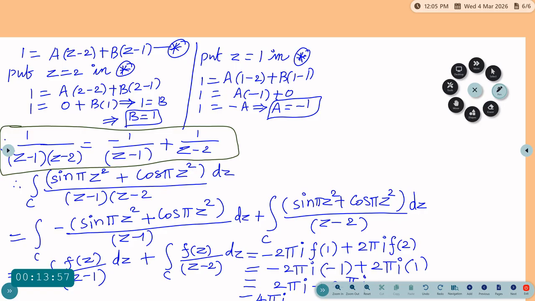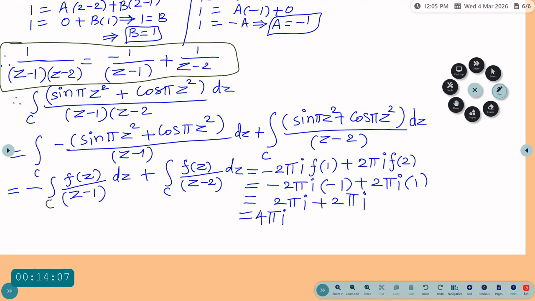Already we defined its numerator term as f of z. So this term equal to minus integral over c f of z by z minus 1 dz plus integral over c f of z by z minus 2 dz.